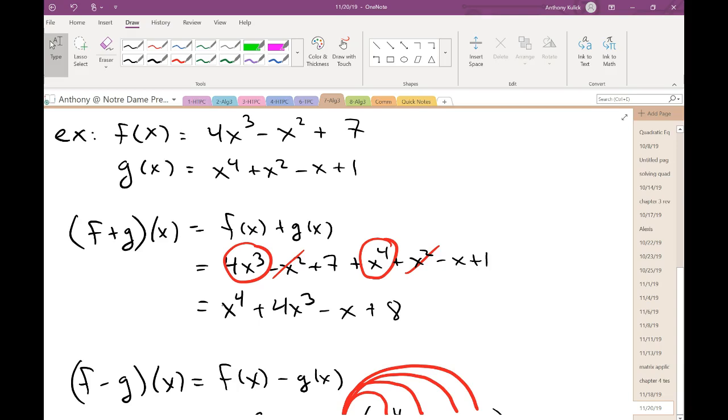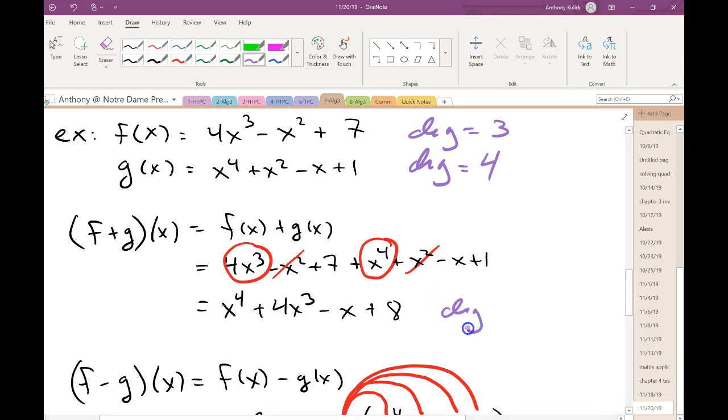So what's the degree for f of x? 3. What's the degree for g of x? 4. What is the degree here for f plus g of x? That's 4. What do you notice?